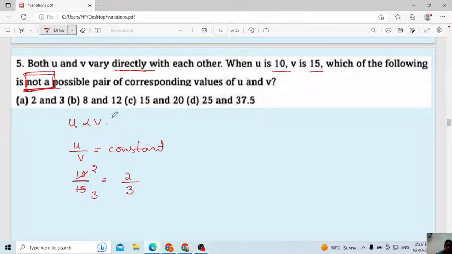See, here the first option is 2 by 3. Yes, it is satisfying the ratio. Second one they are asking 8 by 12. Simplify the ratio, 4 2s are 8, 4 3s are 12. Yes, this also satisfies.